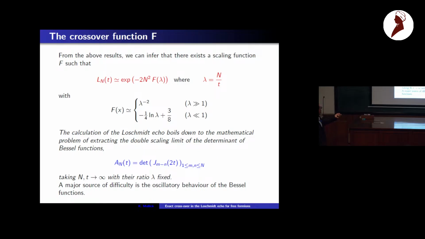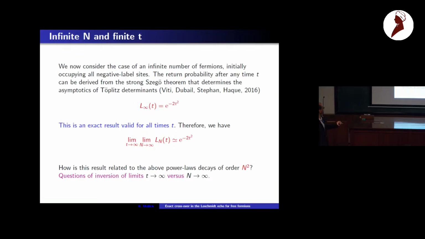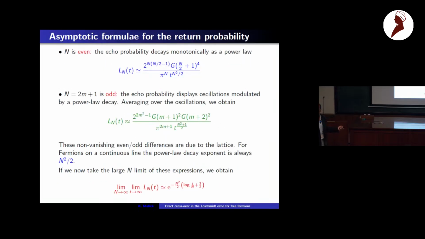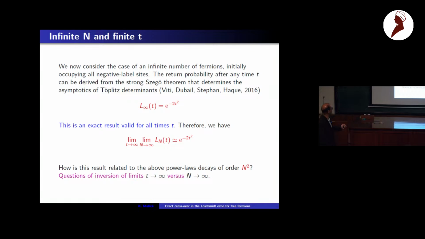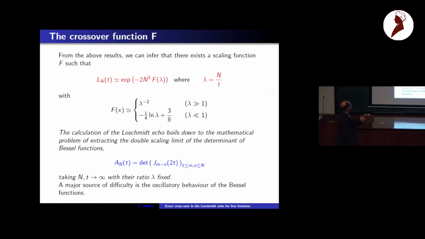This crossover function f of lambda behaves like 1 over lambda squared in one regime, and 1/4 log of 1 over lambda, plus 3 over 8 in the other regime. I'm just copying the two extreme cases that I explained a while before. And now the question is, can we compute f of lambda for any finite value of lambda?